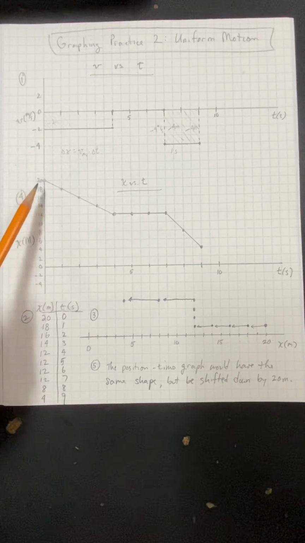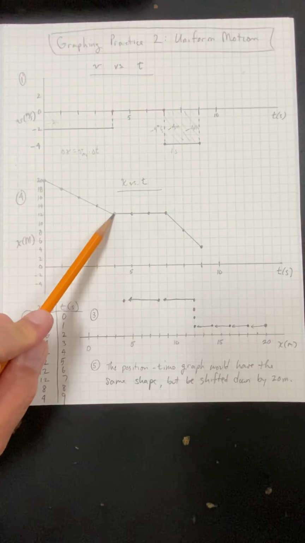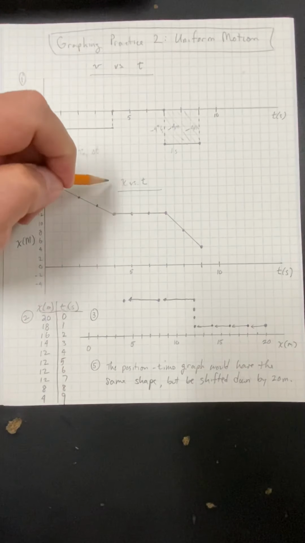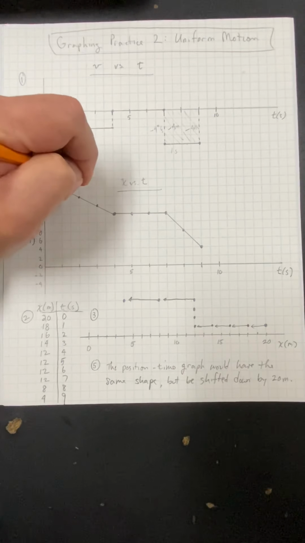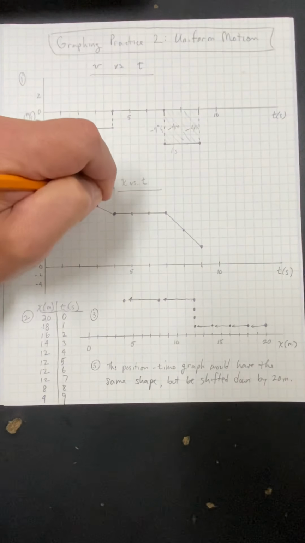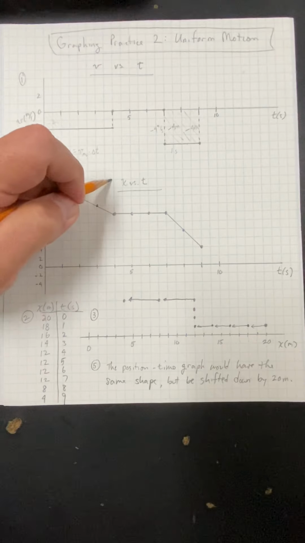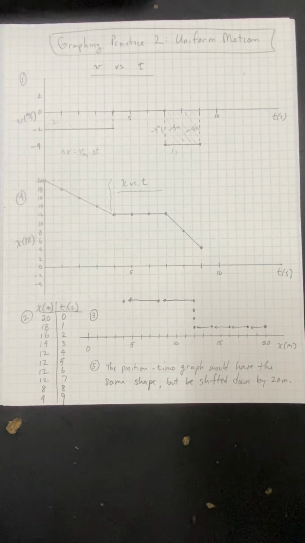So what's the slope from here to here? That would be rise over run. So let me label, there's a run, there's a rise. The rise is the displacement. How do you get displacement or change in x? You do final minus initial.